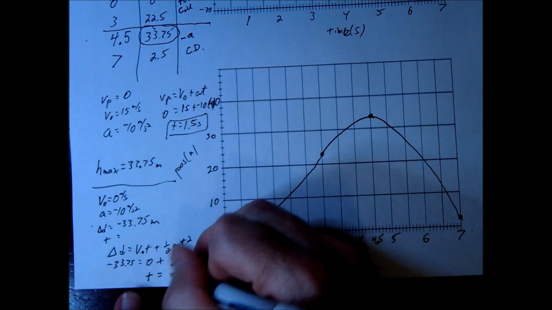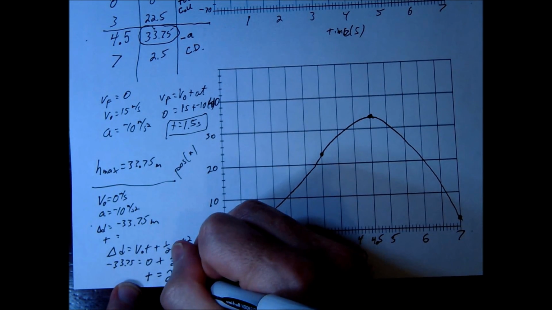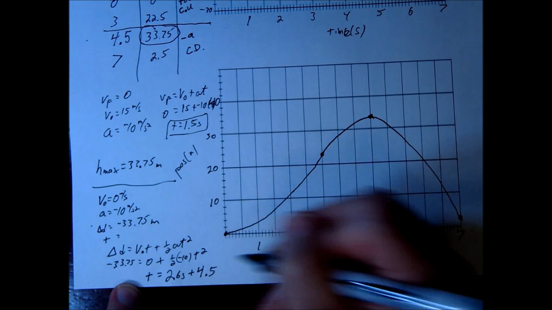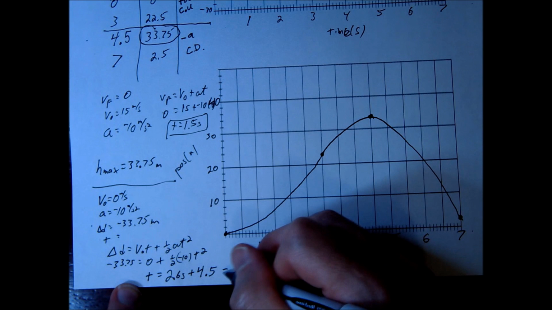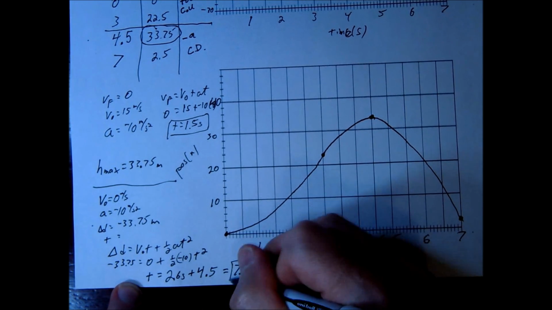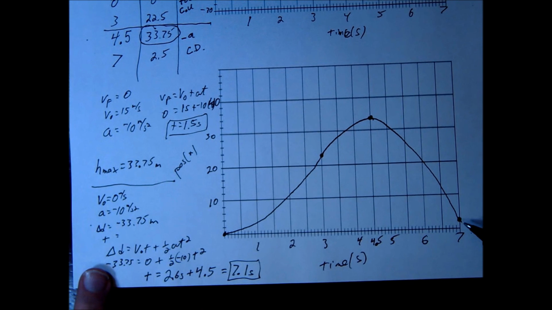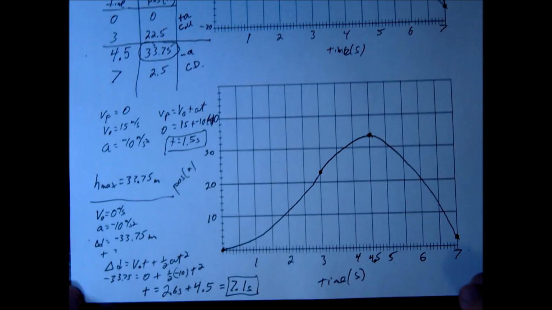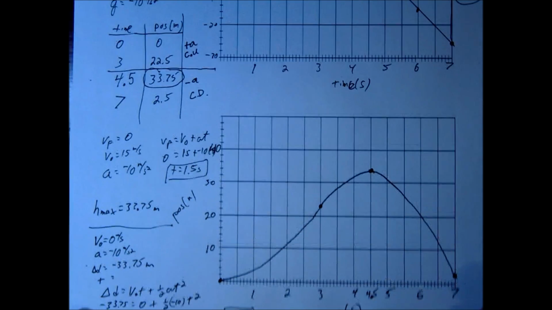So say that takes 2.6 seconds. Now that's after the 4.5 seconds. So if we add 4.5, that'll give us our total of 7.1, which is about what we thought. Okay, it's almost going to hit the ground at 7 seconds. All right, if you have any questions about this, please ask them in class.